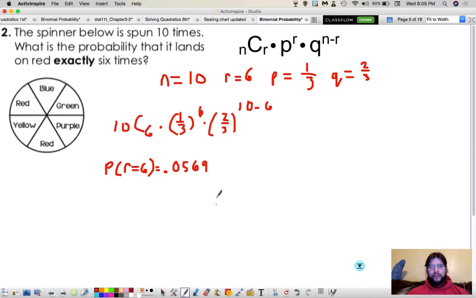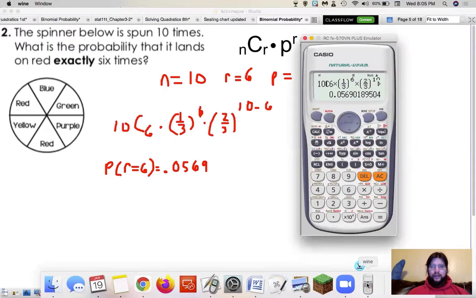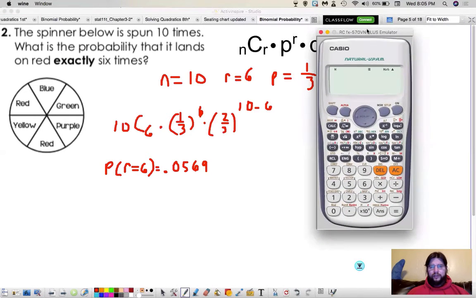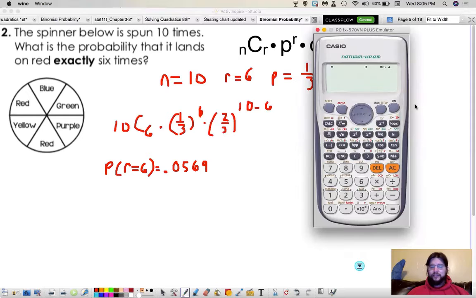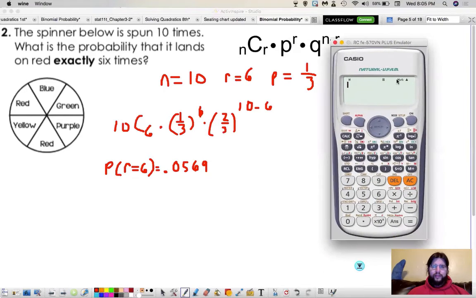Now, let me show you how to do it on the calculator real quick. If you have the same exact calculator, which I suggest you have for my class, you're probably going to want to write this down. And if you have another class, it's a very cheap and powerful calculator. Get it. We're doing a binomial probability.